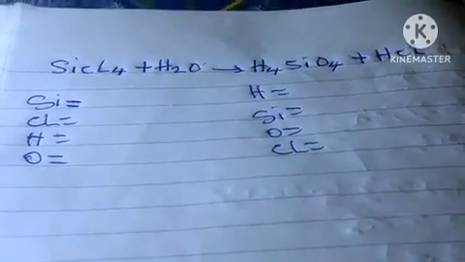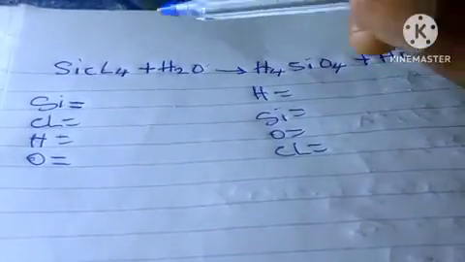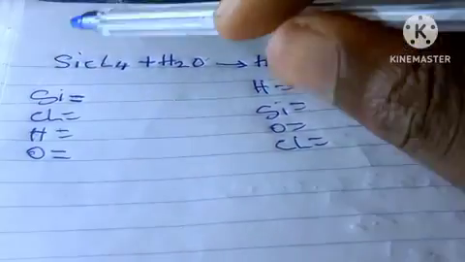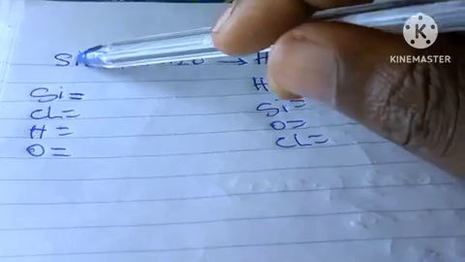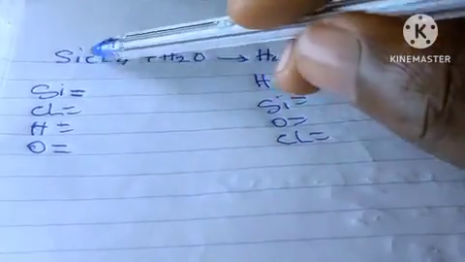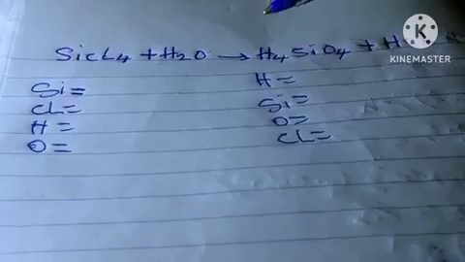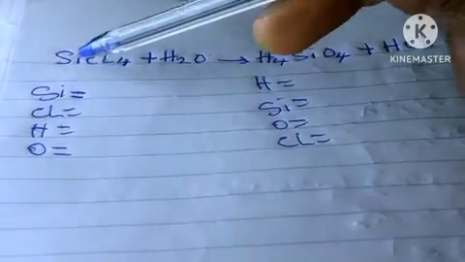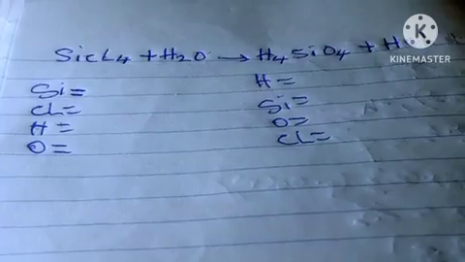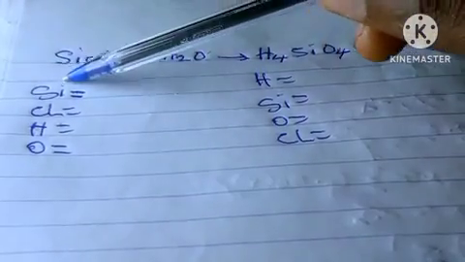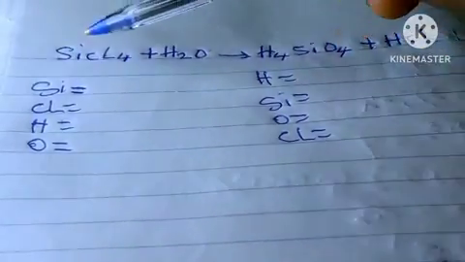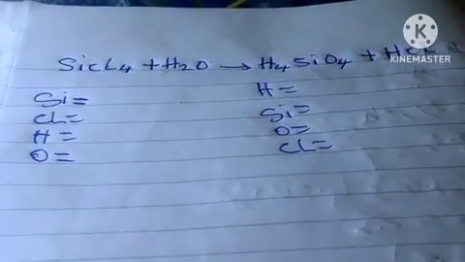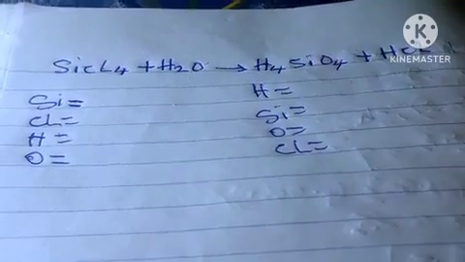So the next thing to write is their specific atoms. Let's start from our left side, which is silicon, the first one. Silicon has only one atom here. In my previous video, I said any single element that is standing alone, where you are not seeing any number, means that element has only one atom.